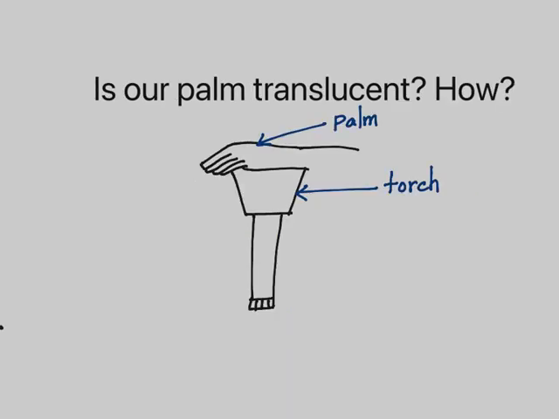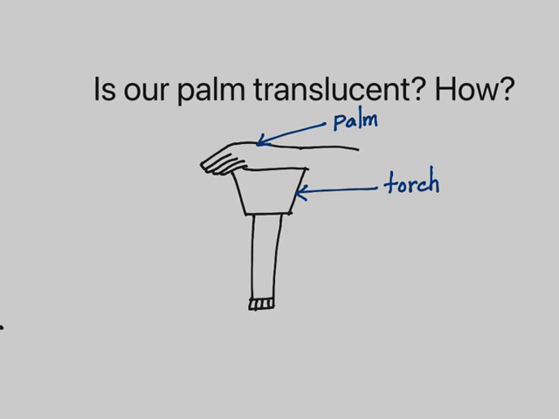Is our palm translucent? In how? Translucent means that the palm is allowing light to pass through it. So for this experiment, you have to place a torch close to the palm of our hand.